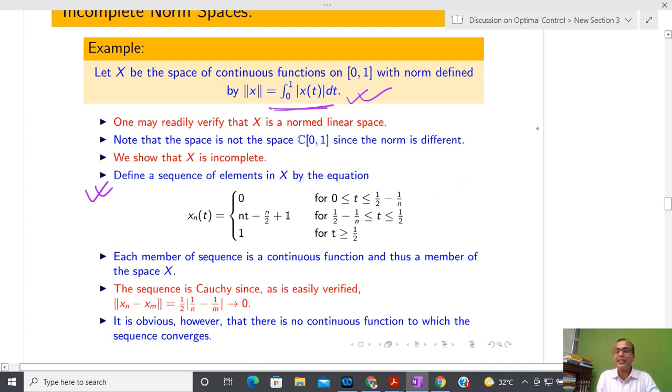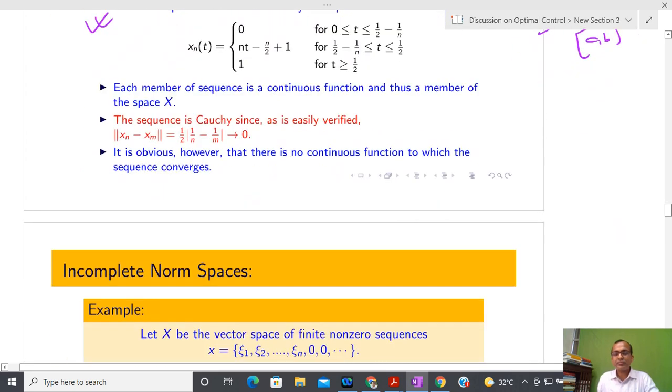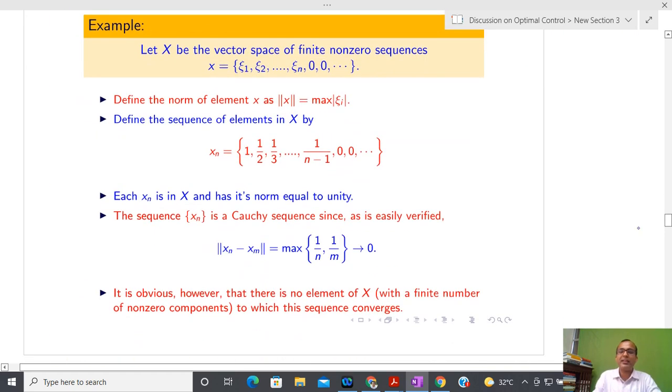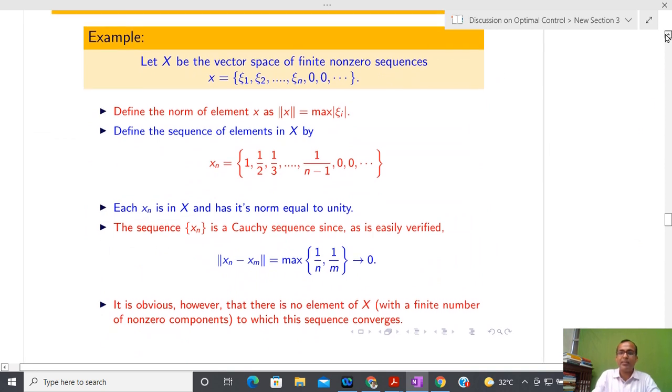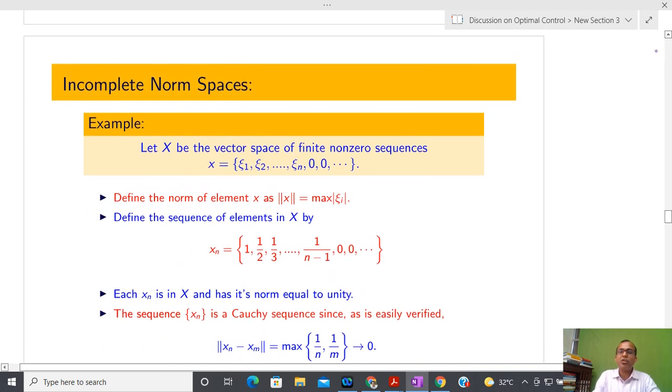You might have seen that whenever I define the 0 norm in this space, we define the maximum over a to b of something like x. I am not defining it like this. This is the reason. Now you are able to construct several incomplete spaces, non-Banach spaces.